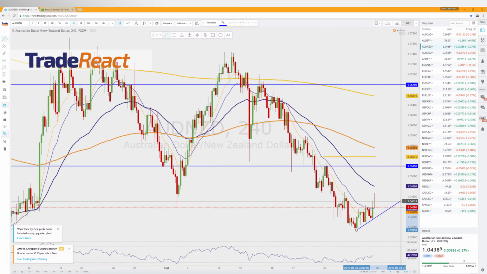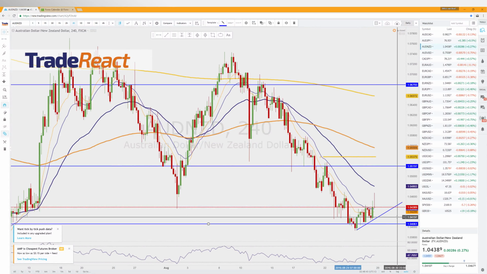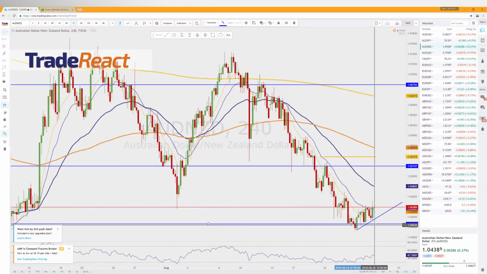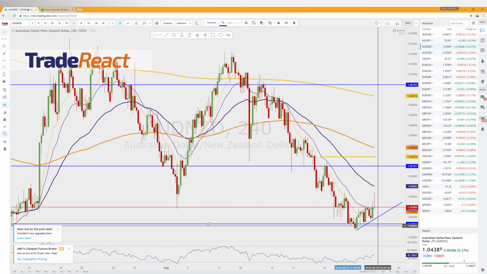You can draw this in as some helping guide, but also it can just hover above the 104. So above 104, I would look for retracement into the 105-ish. If it breaks below, close below, then we're going down on the Aussie Kiwi. Hope that helped.